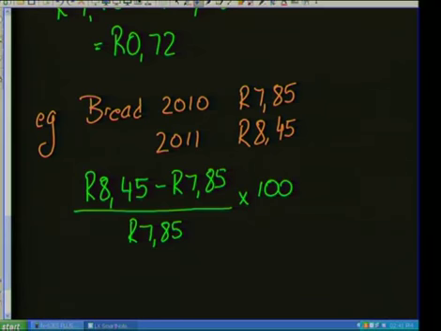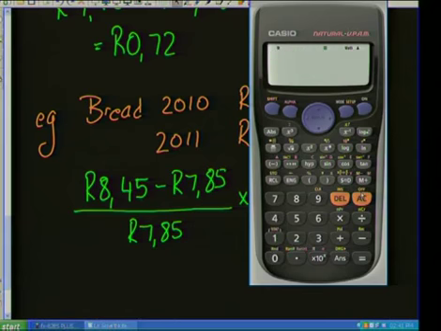So I times by 100 to get it as a percentage. So on my calculator, I can use the fraction button. I have a scientific calculator, but if you don't, you'll work this out first, and then press equals, then divide it by the original, and finally press equals and times by 100. And we can see that it's 7.64%.